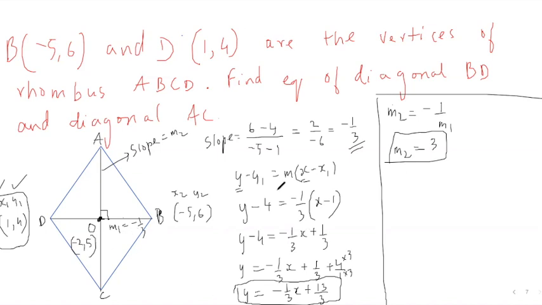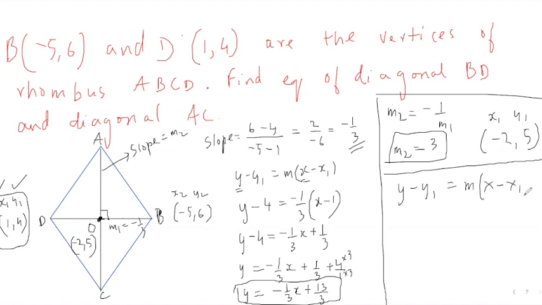This is something we've already done, right? So you shouldn't be too worried about this. So we know the slope and we know one of the points, that's minus 2 comma 5. That's your x1, y1. That's a point on AC. And we can write the formula as y minus y1 is equal to m times x minus x1.